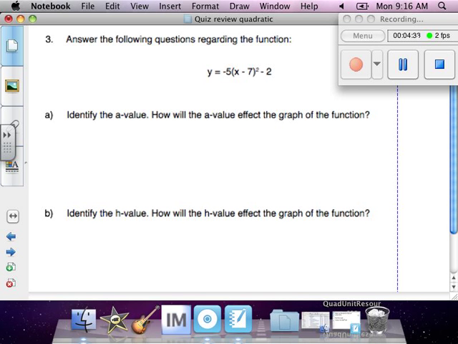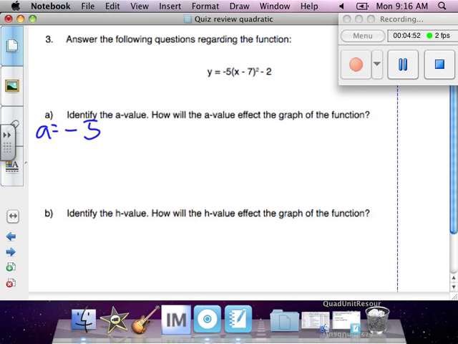Please raise your hand if you can tell me the A value for this problem. Jeff? -5. So write A equals -5. What does that A of -5 do to the function? Kyle.